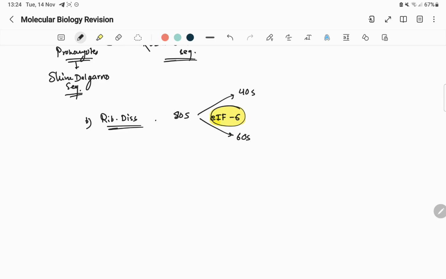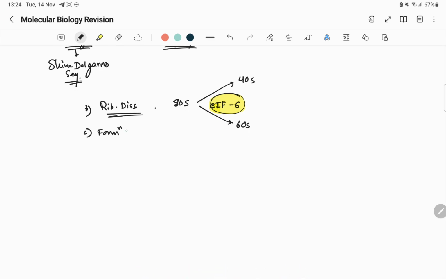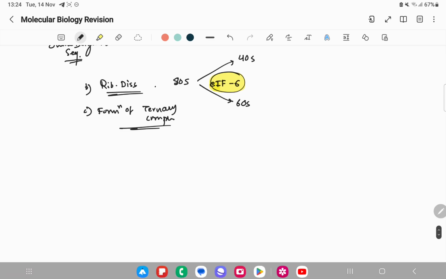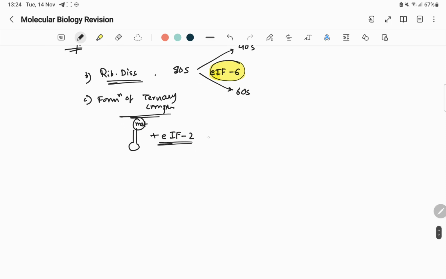Okay, then afterwards what will happen? Then there will be a formation of the ternary complex. The ternary complex here will contain your methionine tRNA, Met, not formyl methionine, only methionine tRNA, plus eukaryotic initiation factor 2 with GTP, same thing. Okay, this is a ternary complex.